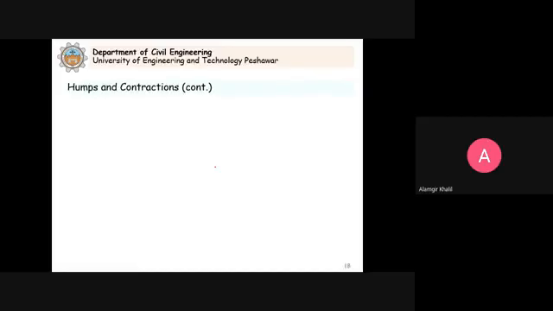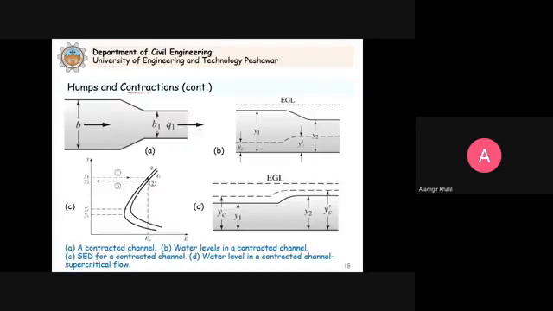Now when we consider contractions, the contraction is the reduction of the width of the channel. This is now the top view. We have the rectangular channel, and this width here, from here to here, is B, as given in this diagram.